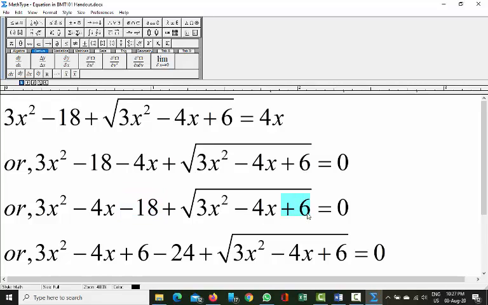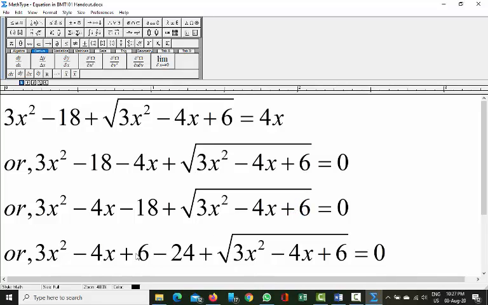So to match it with these two, we can keep this 3x square minus 4x. Now we have minus 18 here. So to match it with this one, we will first write plus 6.